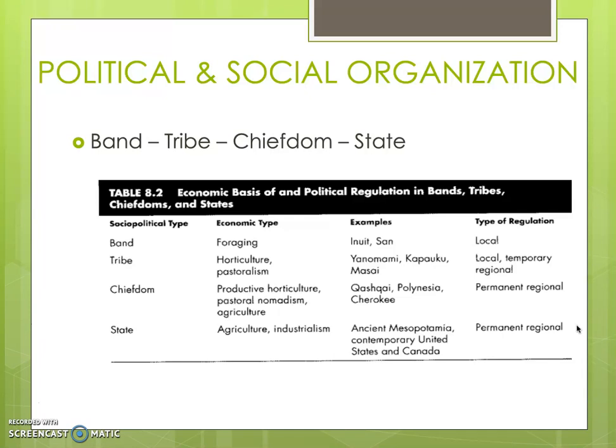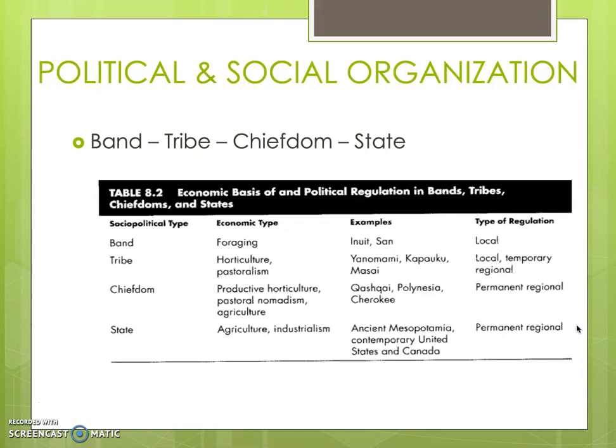The chiefdom is typical of most Native American groups in North America, so you see Cherokee there as one of the examples, and we might see a little bit about the chiefdom way of life in the Deloria reading that we did about Native American groups being like corporations.